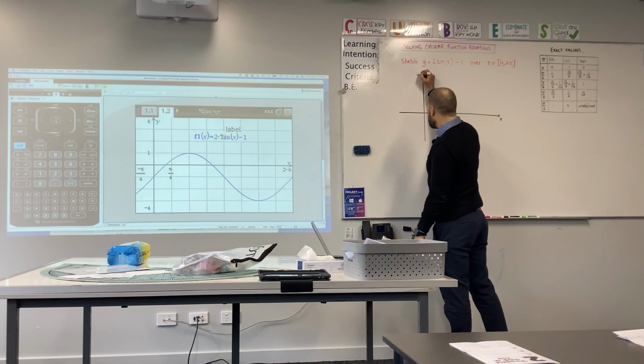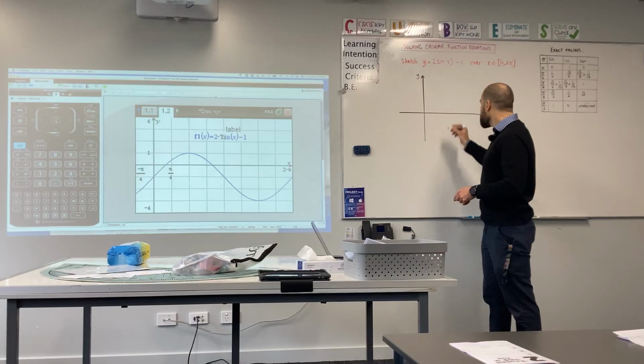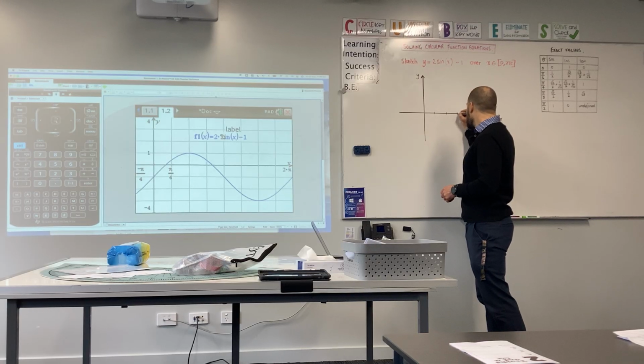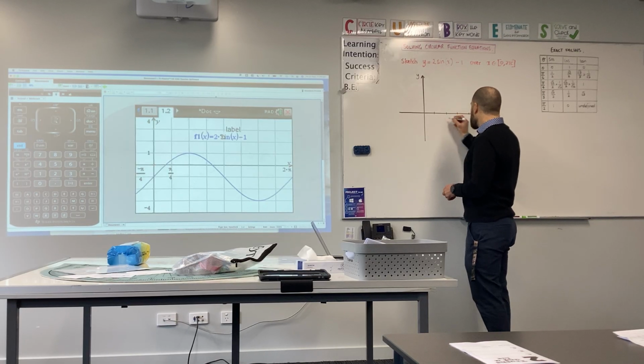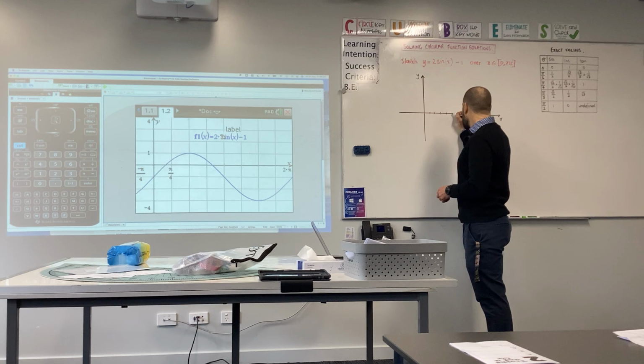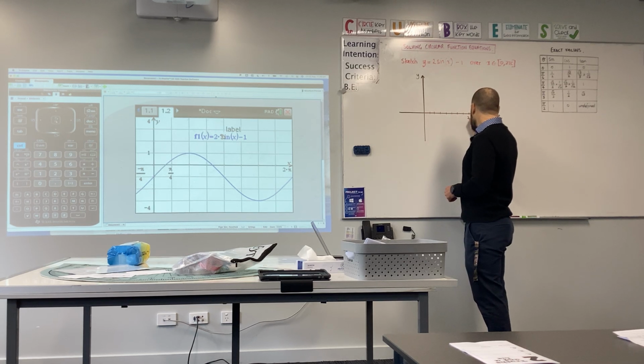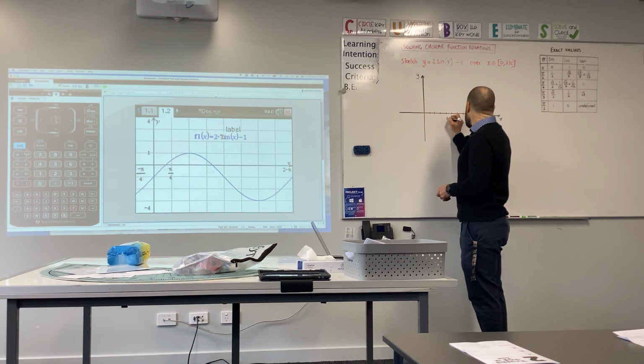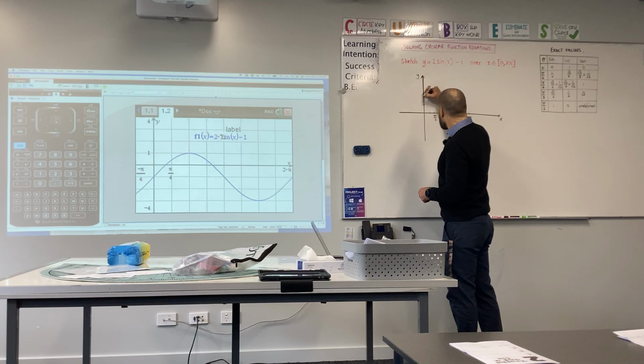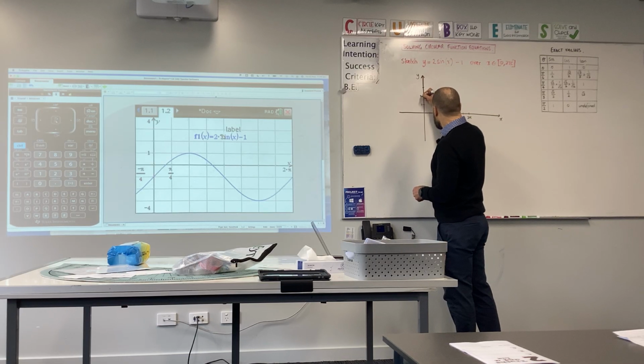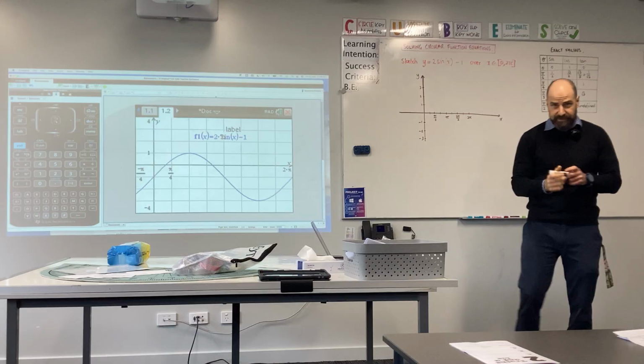I'm going to label them. Makes that pi. Pi 2. All right.